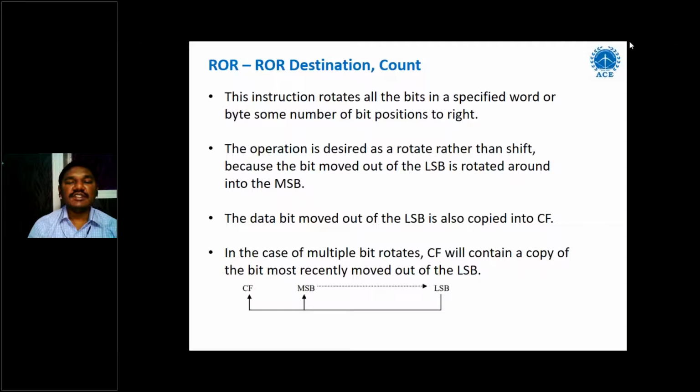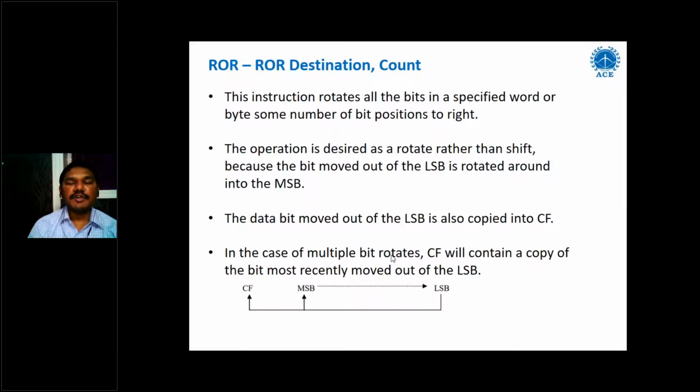The operation is designed as a rotate rather than a shift, because the bit moved out of the LSB is rotated around into the MSB, not through the carry. The data bit moved out of the LSB is also copied into CF.